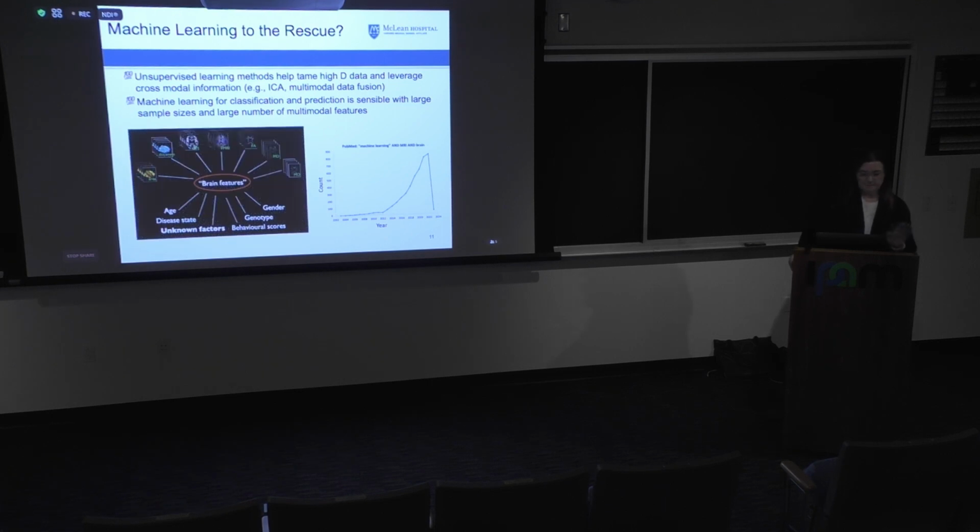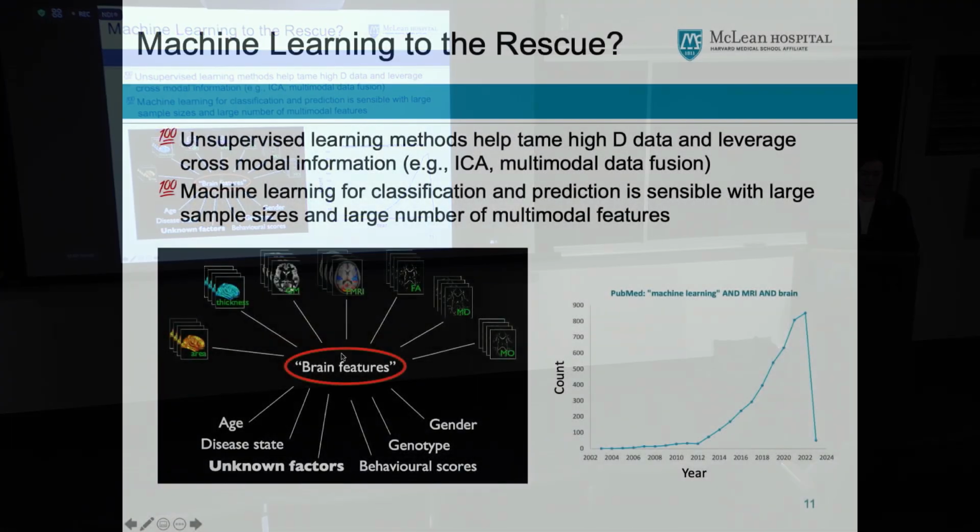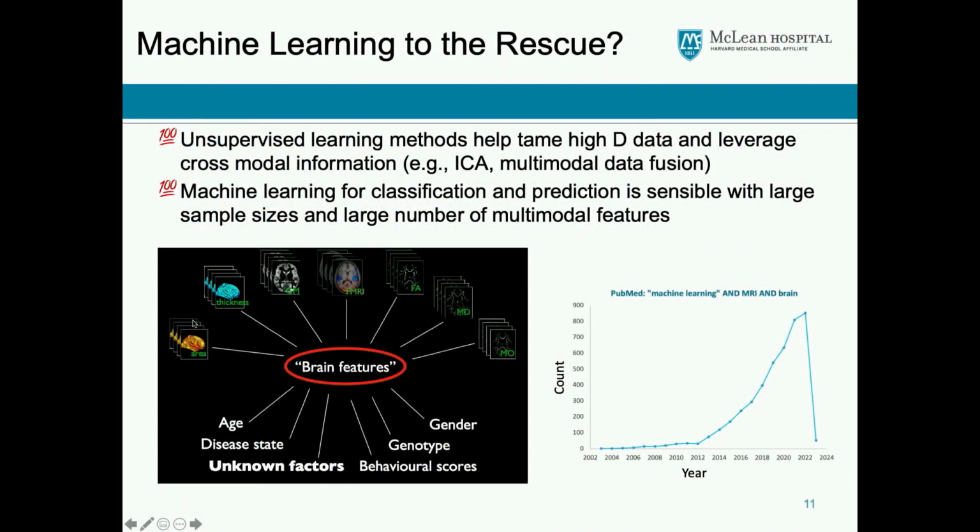So people are really embracing machine learning techniques. In this case, you may use these different brain maps and derive some brain features or image-derived phenotypes and put them into some kind of analysis where you might want to predict age or disease status or behavioral scores or something like that.